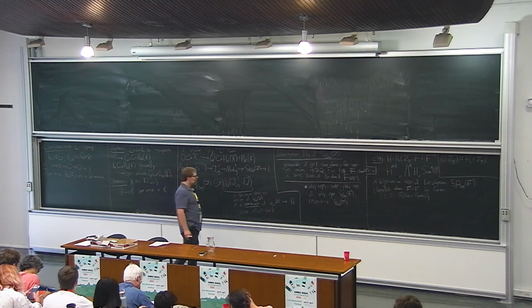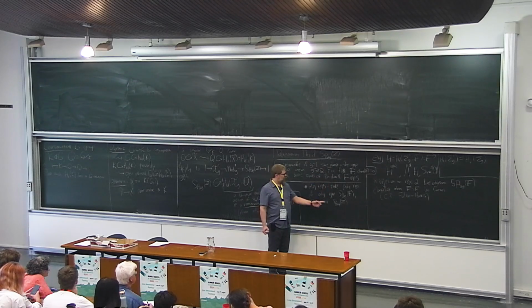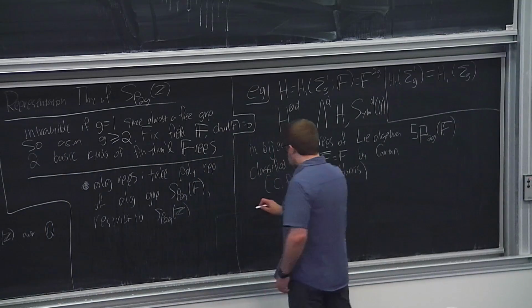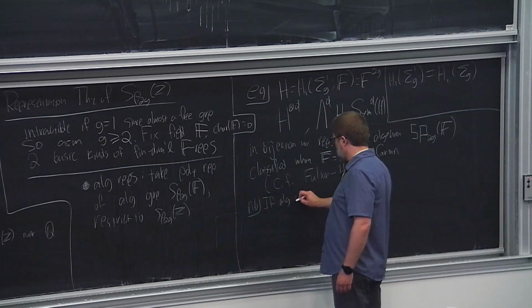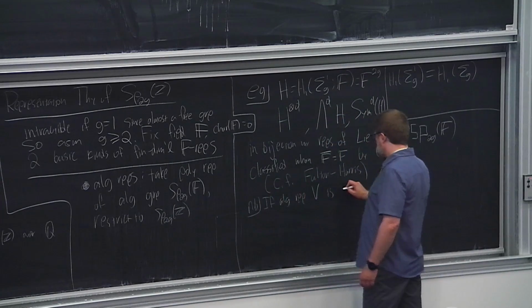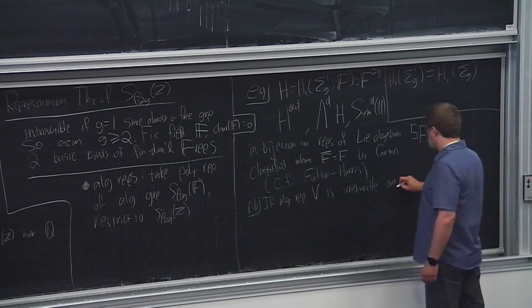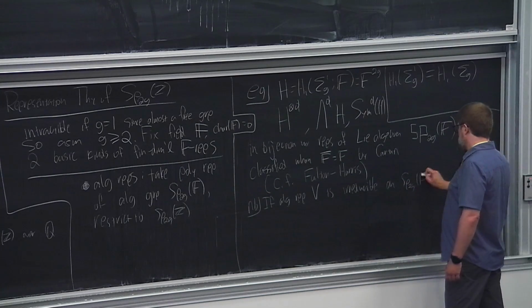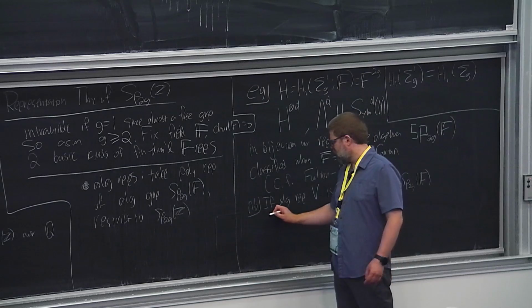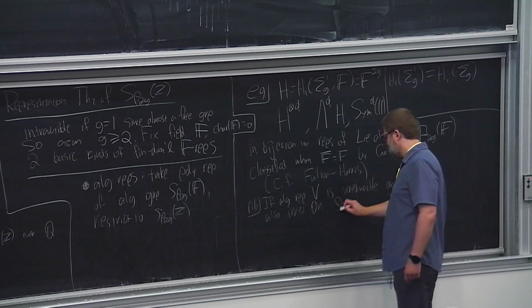Okay? Now, there are some basic things you might ask. For instance, if these representations are irreducible, do they remain irreducible when we restrict to Sp2g(Z)? And the answer is yes. Nota bene, if an algebraic rep V is irreducible on Sp2g(F), so it has no non-trivial subrepresentations, it's also irreducible on its subgroup Sp2g(Z).